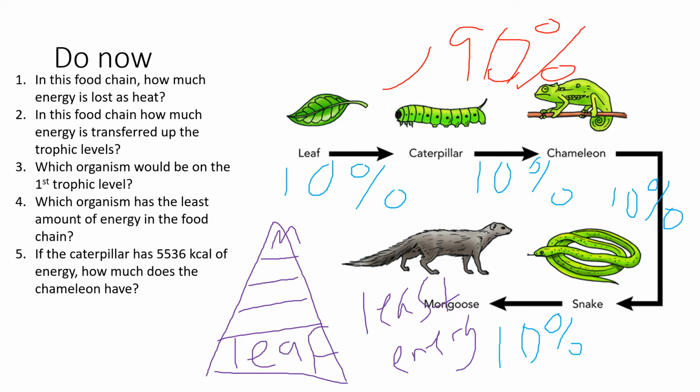Sorry, it's hard writing on a screen. And if the caterpillar has 5,536 kilocalories of energy, how much does the chameleon have? So we have our caterpillar here, and we have our chameleon here. We see that our caterpillar has 5,536 kilocalories. So what we are going to do is move that decimal place over just one.